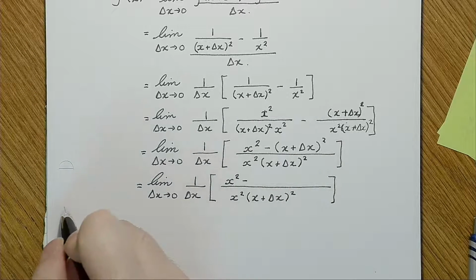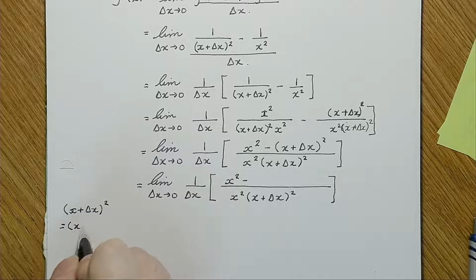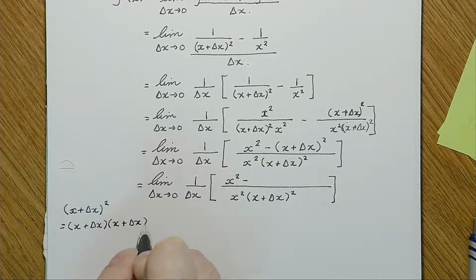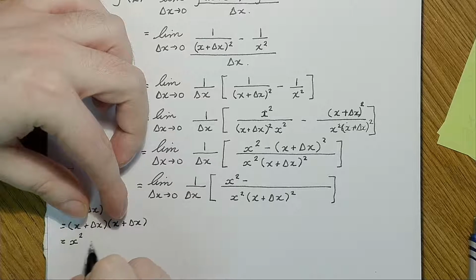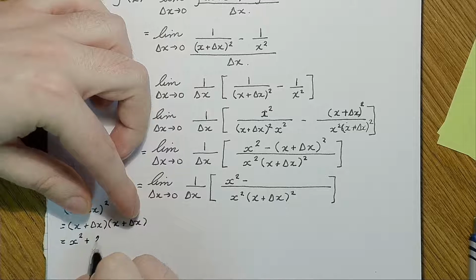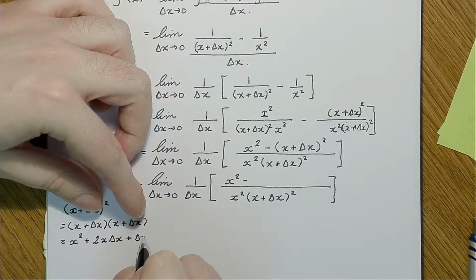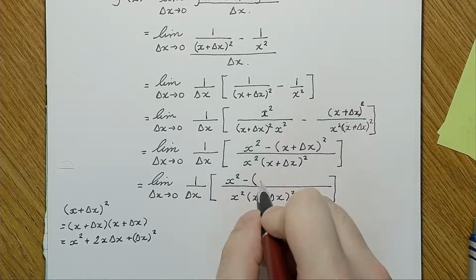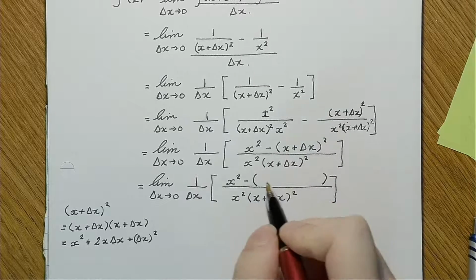Now, over here, what I'll show is x plus delta x squared, so again, just expanding it out inside of these brackets.